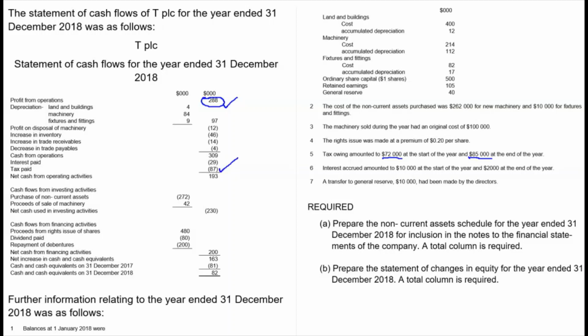We will have to now prepare the provision for taxation account to find out the tax charged during the year. So this is the provision for taxation account. The tax owing at the beginning of the year was $72,000. So that is a liability. It will have a credit balance. Balance brought down 72.